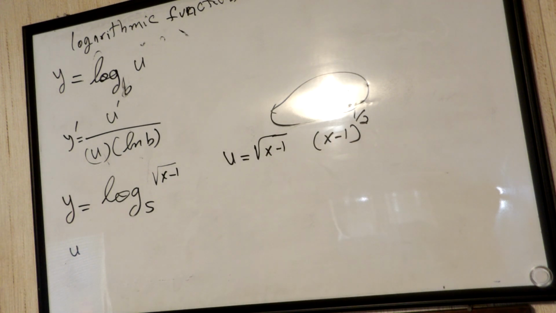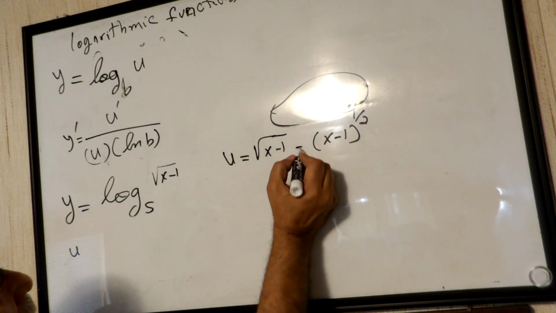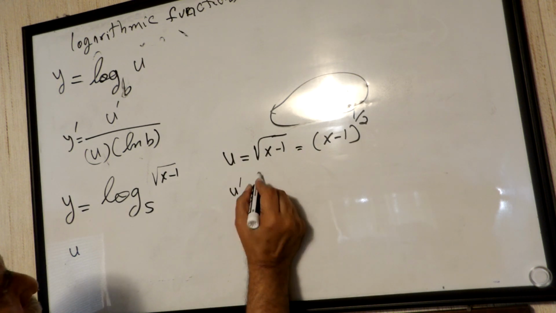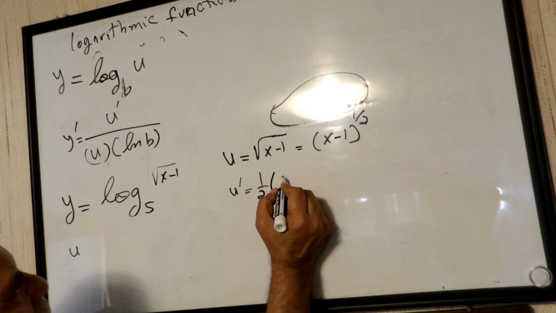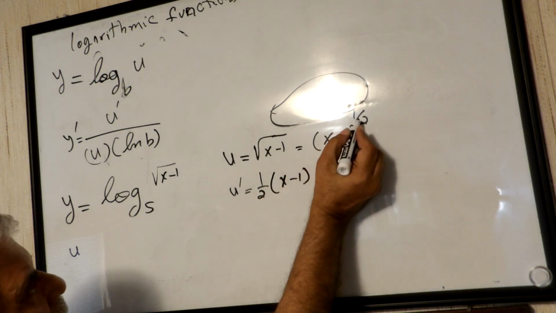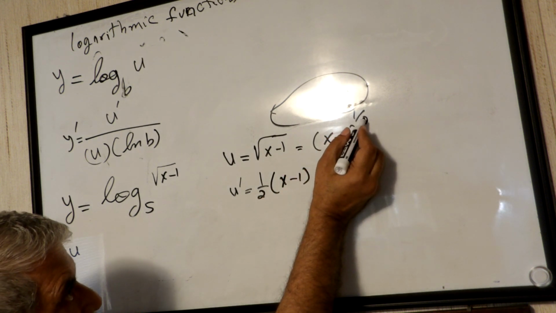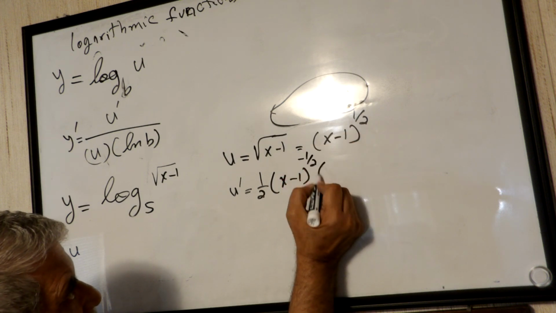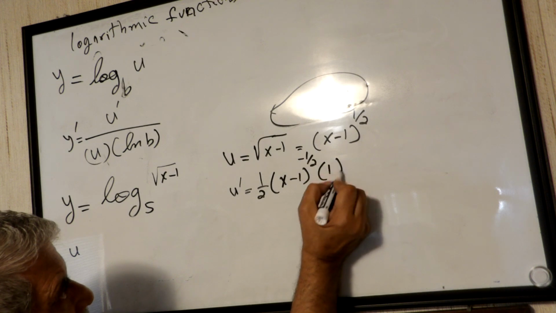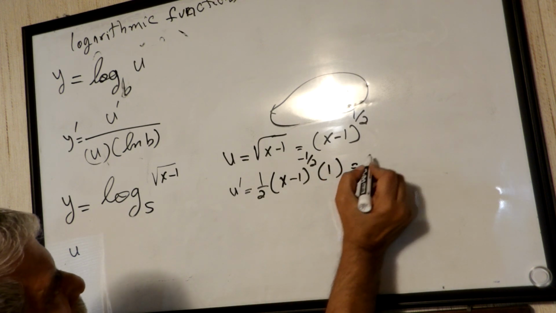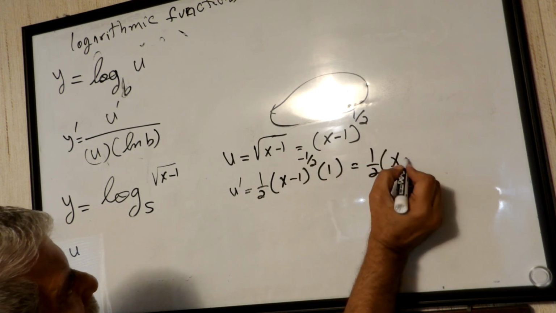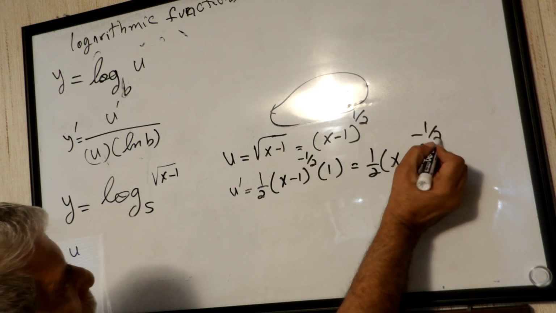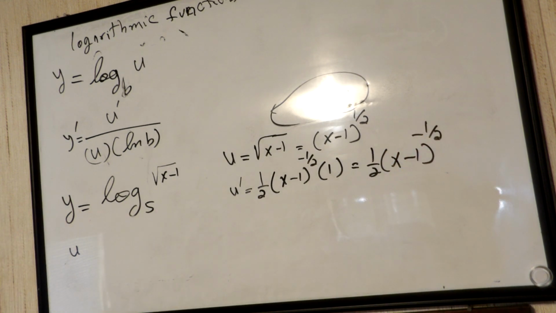So u prime is going to be 1 over 2 times (x minus 1) to the power of 1 over 2 minus 1, which is minus 1 over 2, times the derivative of the inside, which is 1. So it's going to be 1 over 2 times (x minus 1) to the power of minus 1 over 2.